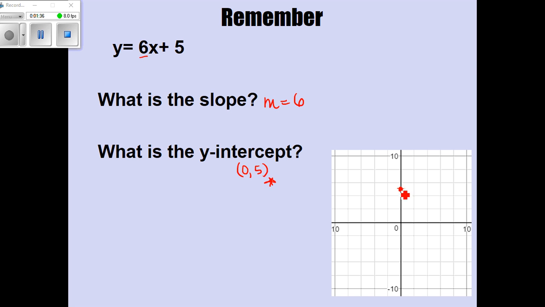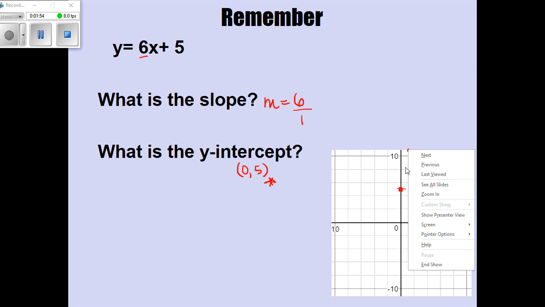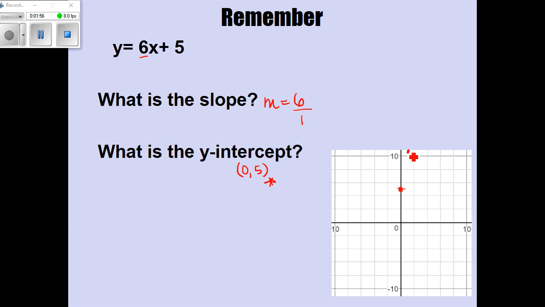We make a point at (0, 5), and then we would use our slope of 6 over 1: rise up 6, run over 1. So 1, 2 is in the middle, 3, 4, 5, 6 over 1 would be right there, or we could go down 6, negative 6, and then left 1.